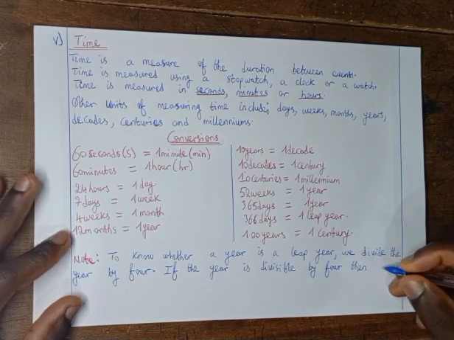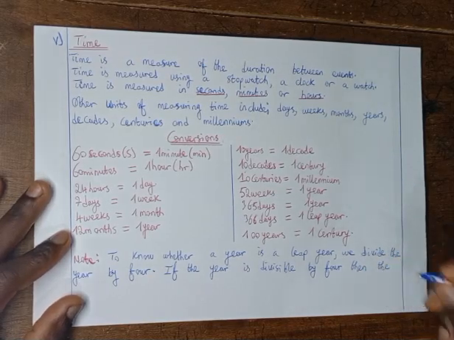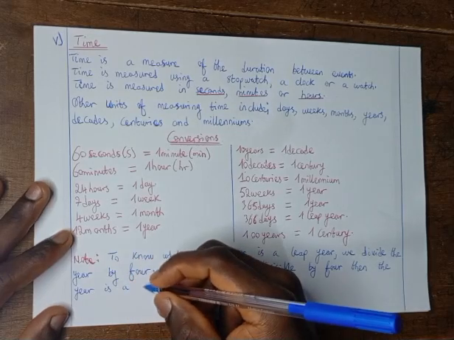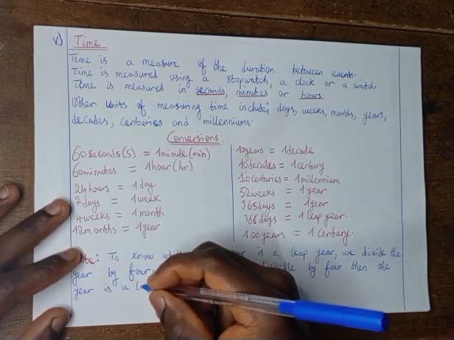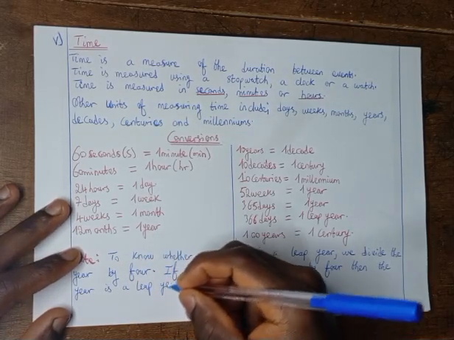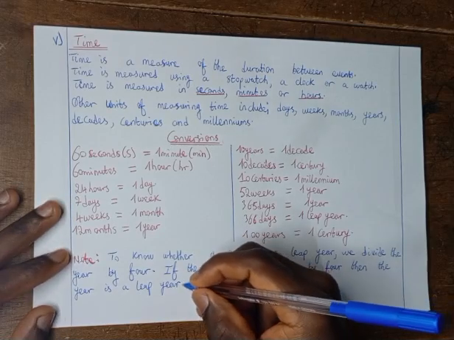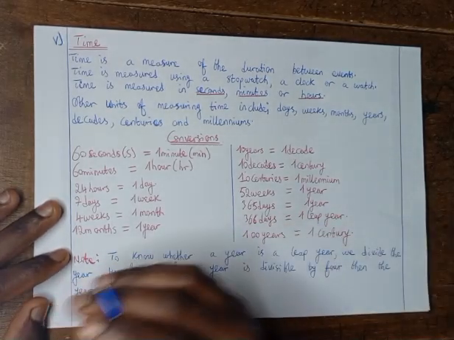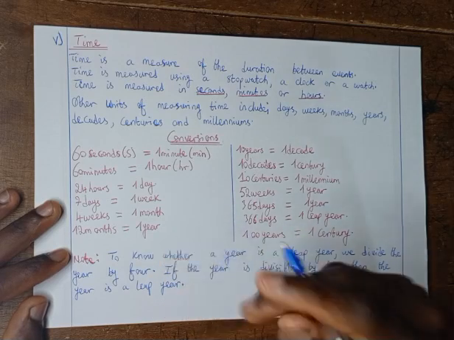Then the year is a leap year. That means if that year is a multiple of 4, just know that it is a leap year.